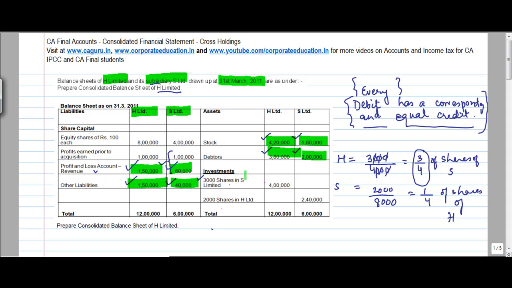Now, the other thing, I need to find out as to what are the profits earned prior to the acquisition. Okay. So what do I do? What are the profits earned prior to acquisition? 1 lakh and 1 lakh. Well, let's take a different page.